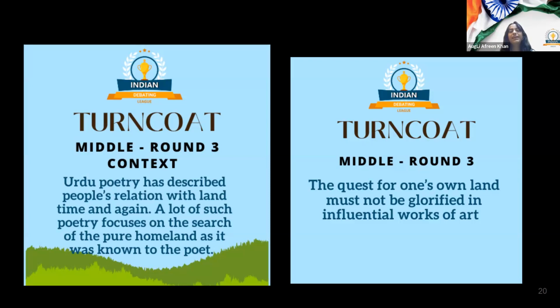The very fact that you should find your own homeland, which is the best for you, looking around and moving from place to place to find which land is best for you, should not be glorified in influential work or art. So what are the harms, or what are the benefits, of continuously trying to find the best homeland for you?